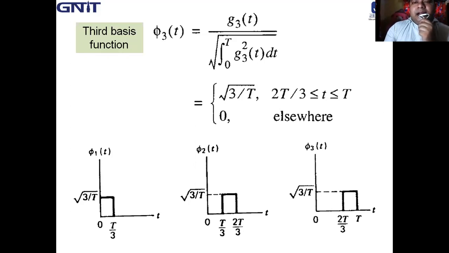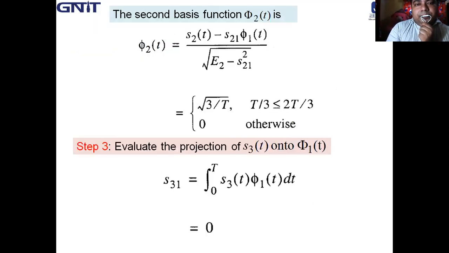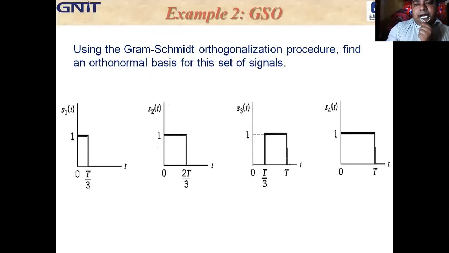See, the third basis function exists for 2T/3 to T. Now go for the signal here. Say S4(t) belongs to 0 to T, and the third basis function belongs to 2T/3 to T. So after T, S4(t) no longer exists. So phi 4(t) is not possible after T.